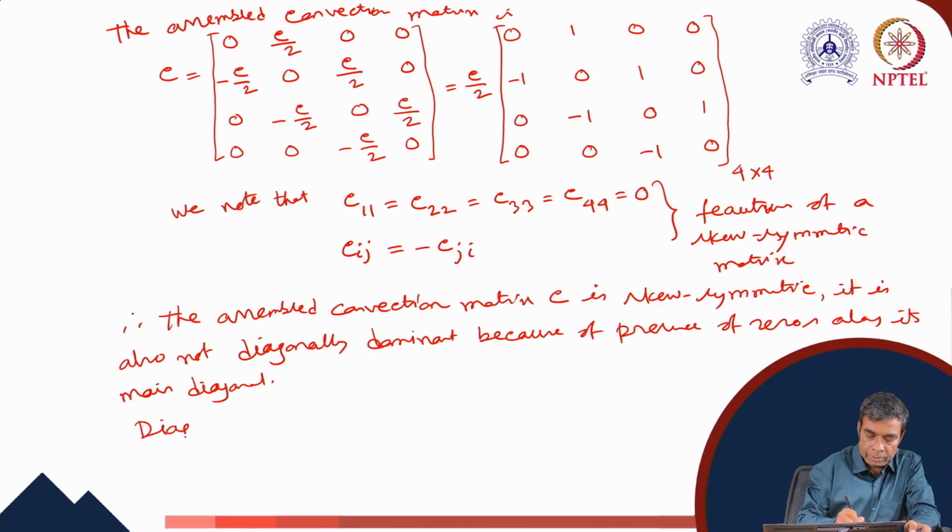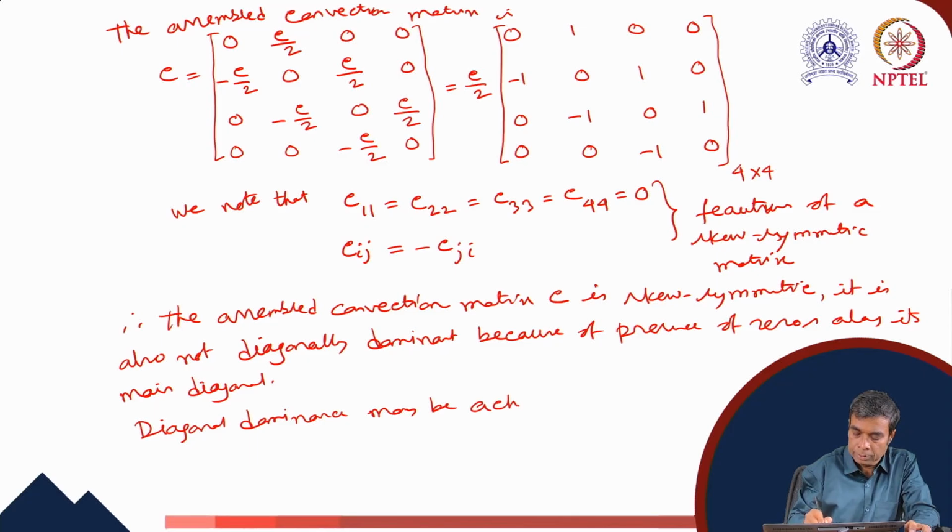Diagonal dominance may be achieved by swapping the rows.